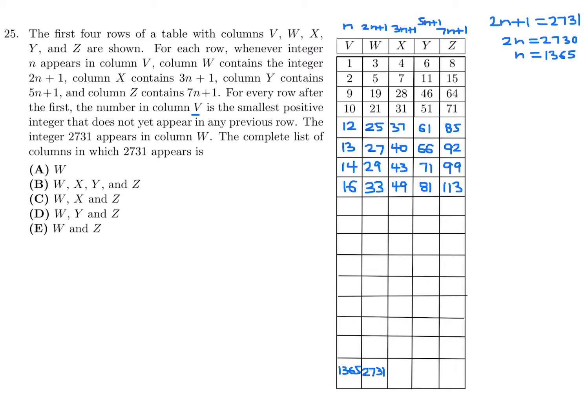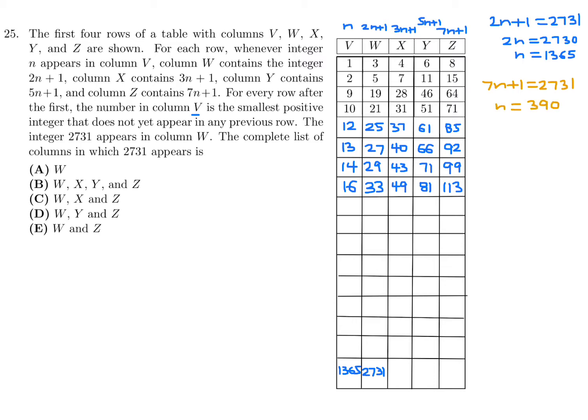Now they're asking us, where else does 2731 appear? Does it appear here, here, or here? Does it appear in X, Y, or Z? All right, let's see. Well, if 2731 appeared in Z, that would mean that 7n plus 1 is 2731. And if that's the case, then n would be equal to 390.